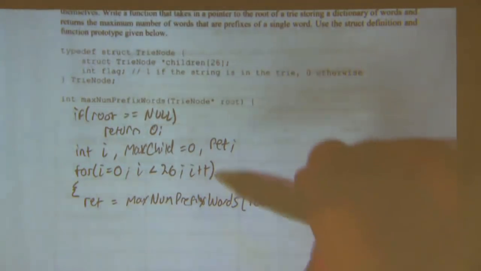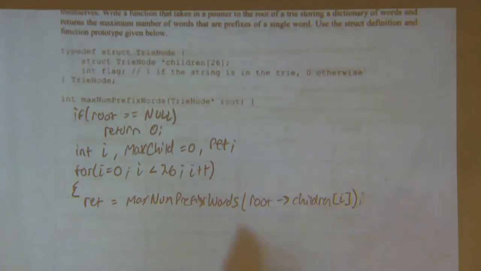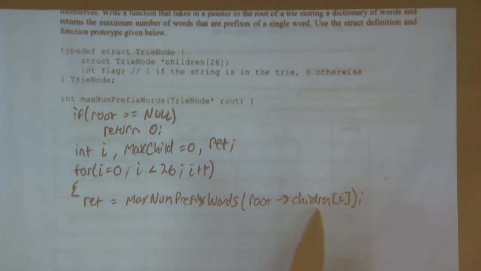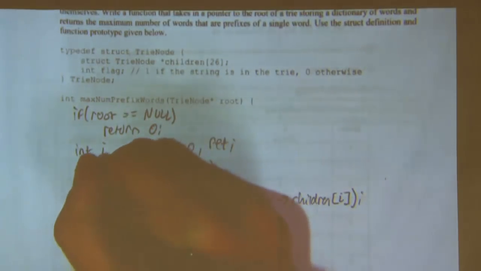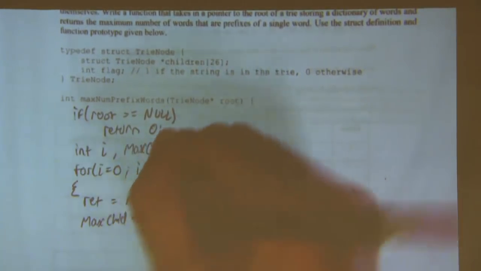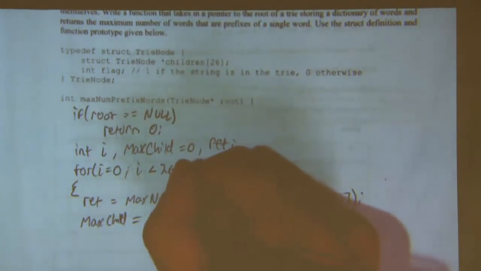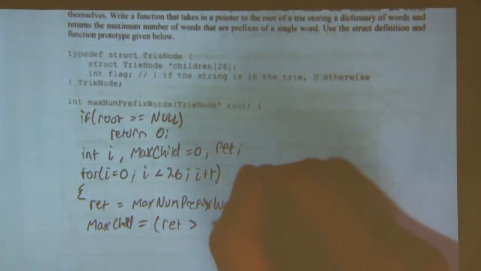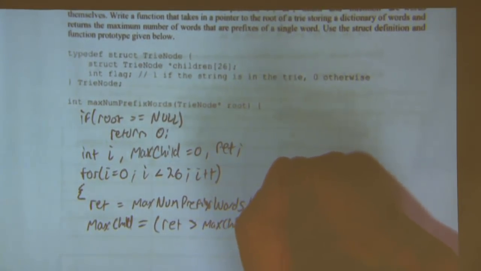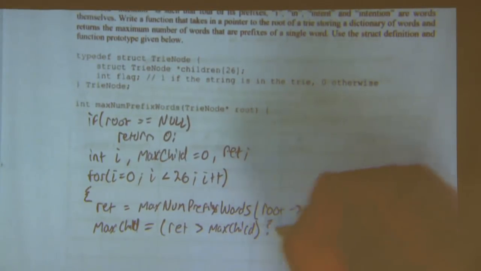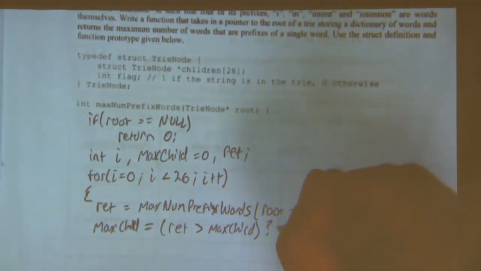You just have a for loop that goes from 0 to 25, and you call the recursive function on each child in succession, right? And then to figure out whether I've found a number bigger than my previous max, I'm going to use a little bit of ternary operator action: if ret is greater than the current max child, then use the ternary operator.